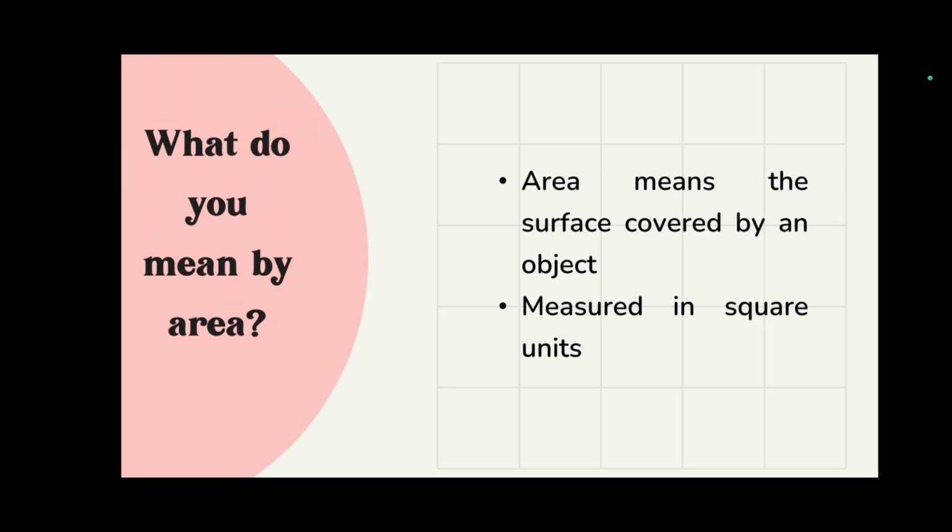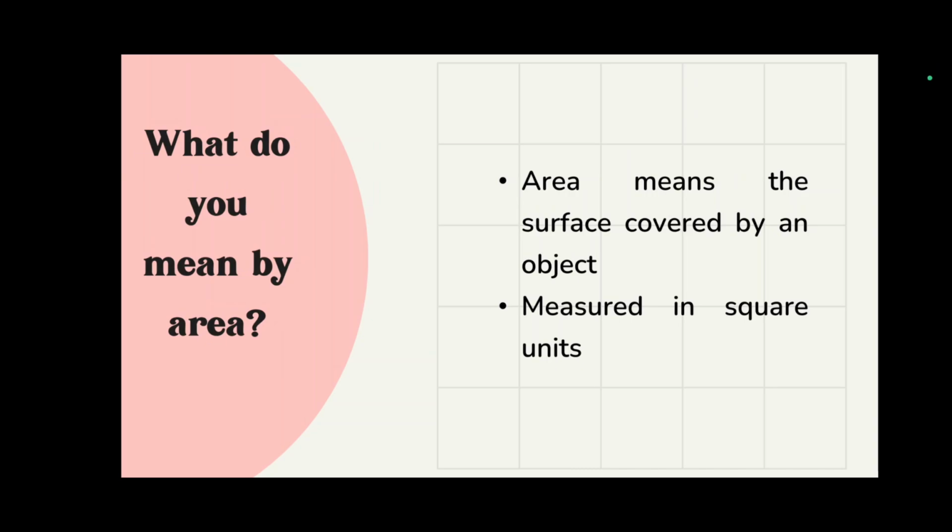Alright students, now let me ask you a simple question. What do you mean by area? Area means the surface covered by an object. It is measured in square units. Area is a word we use very often in mathematics. In short, area is the surface covered by any object or any shape.